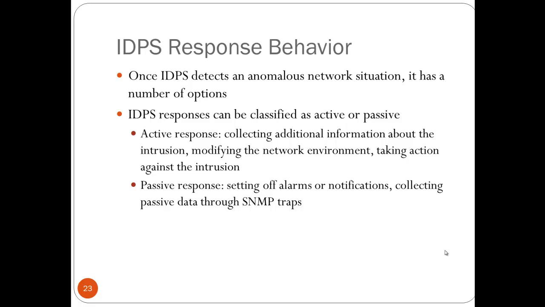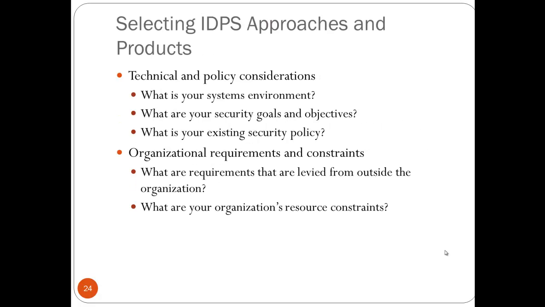They can come in a variety of ways: audible alarms, visual alarms, traps and plugins, email messages, pages and phone messages, log entries, packet dumps, and evidentiary packet dumps, which is handy if you're going to do a post-mortem. They can take action against the intruder by dropping the connection. They can reconfigure the firewall. You can have them terminate the session or terminate the connection. So there's a variety of different things depending on the configuration of the system itself.